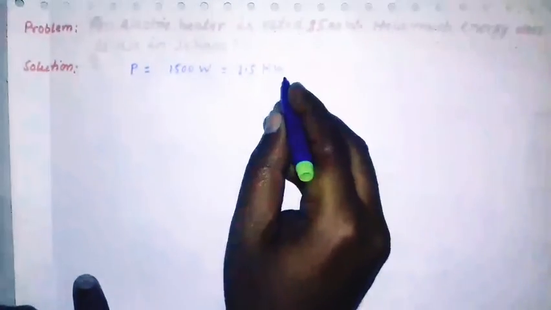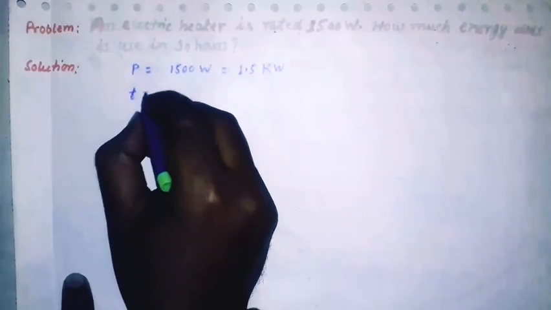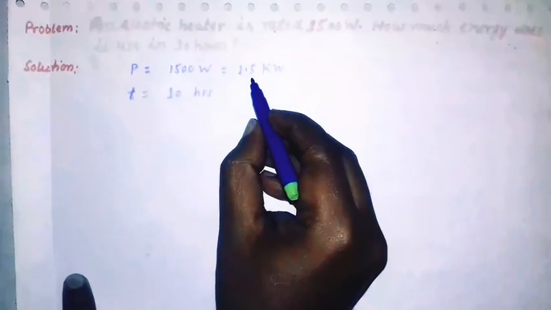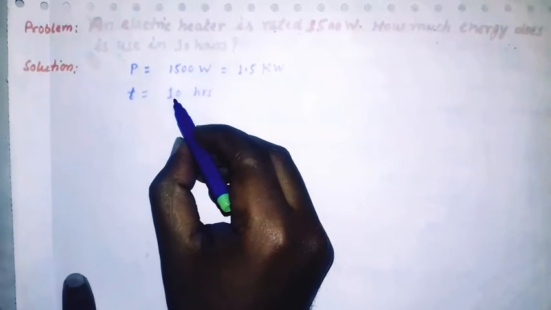So 1.5 kilowatt. And the time is given in hours, so T equals 10 hours. We don't need to convert it, because we have to calculate the energy in units or kilowatt hour.